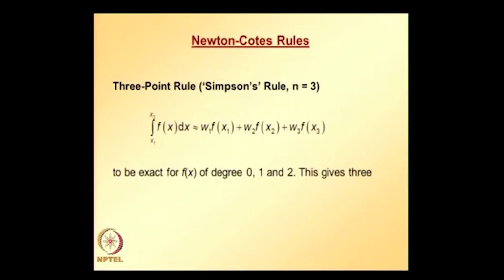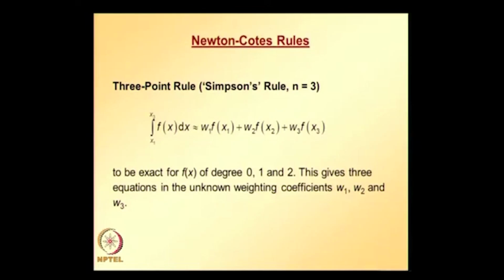So Simpson's rule is going to be exact for a function of degree 0, 1, 2, and this gives 3 equations in 3 unknown weighting functions w1, w2, w3. Basically if you see the 3-point rule, it is going to be exact for a function of order 2.